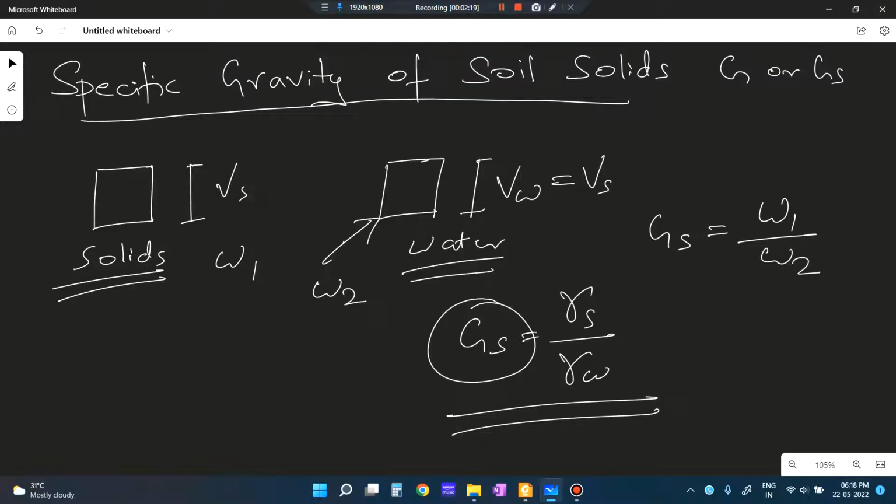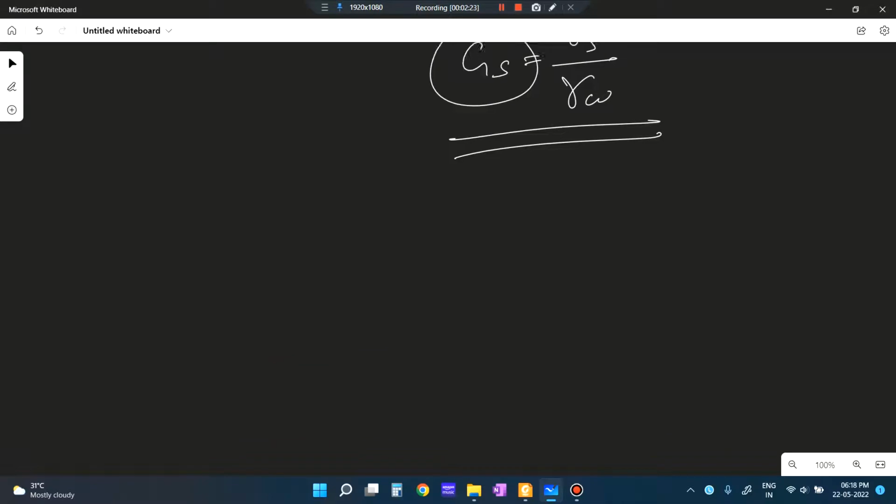Well, it can be determined using the pycnometer method. Suppose you have an empty pycnometer, the weight of which is W1. Now take about 300 grams of oven dried soil. In the last lecture, I talked about the oven drying process.